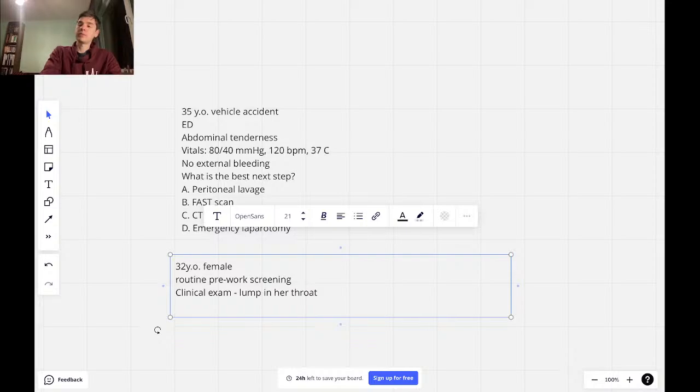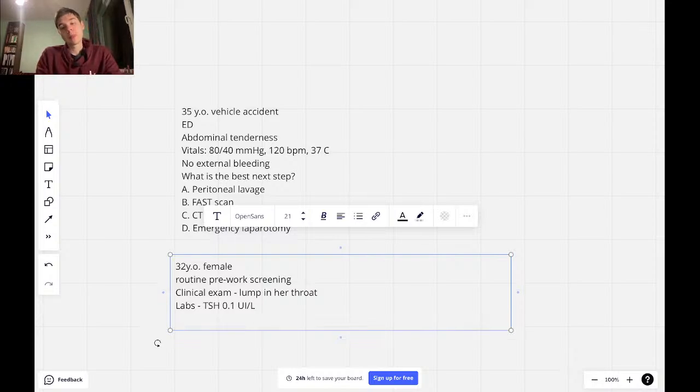And on the labs, we have a TSH that amounts to 0.1 international units per liter.